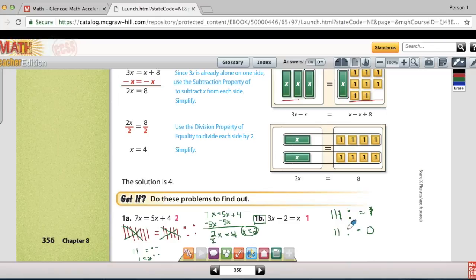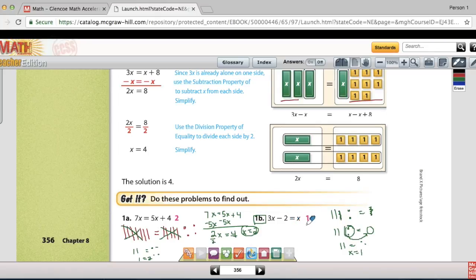But to isolate the variable, I've got to get anything on the other side that doesn't go with the x's. So I'm going to add those two to the right side, giving me 2 x's equals the 2 dots there, +2, and dividing those into 2 separate groups, I get x equals 1.